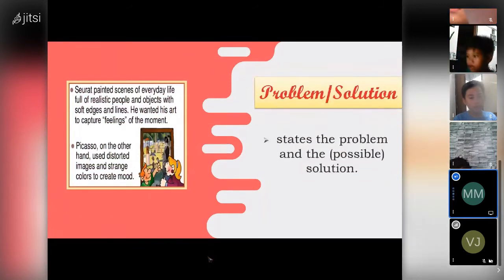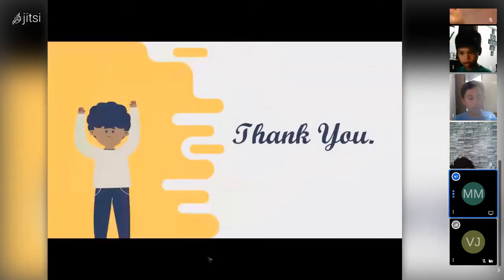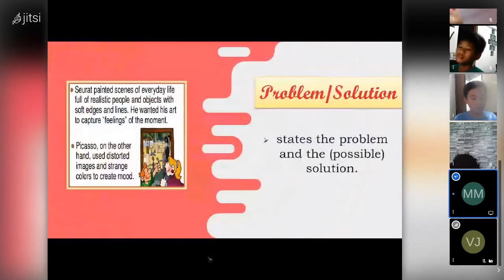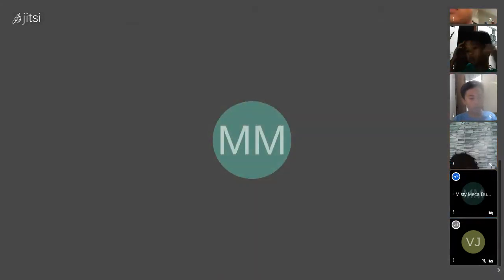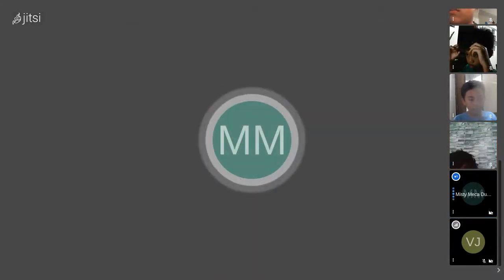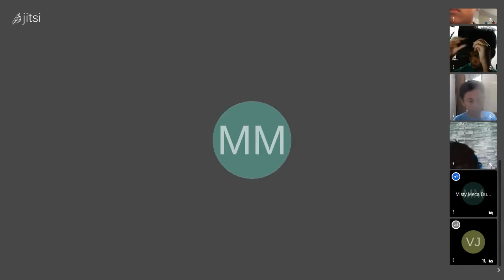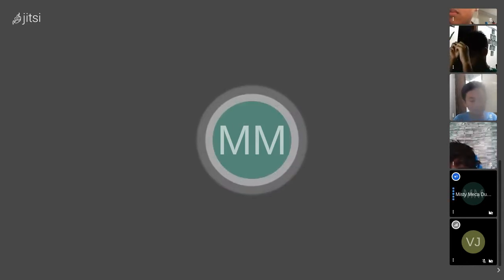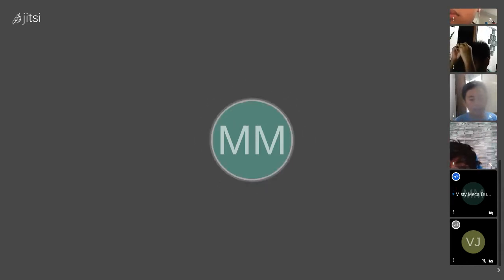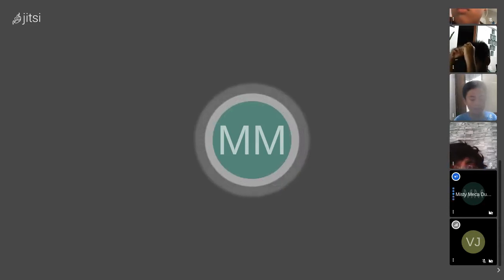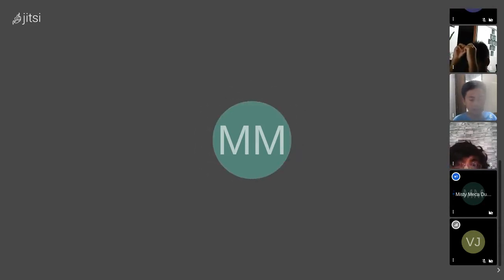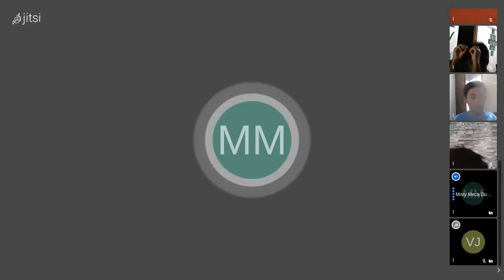So next, let's have the last one, and that is problem and solution. Actually, the example is not changed. I supposedly had an example for this one, but I did not notice that it has the same example as compare and contrast.